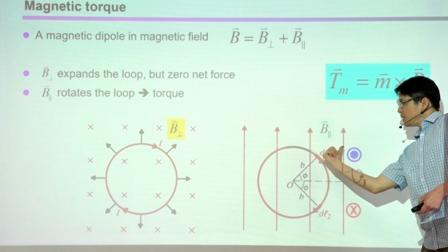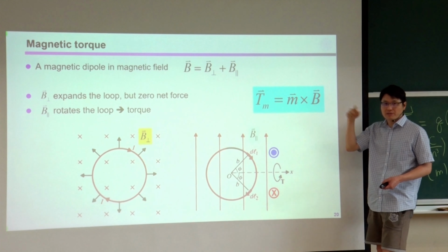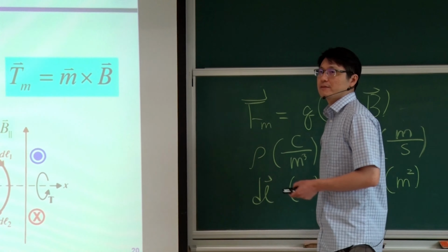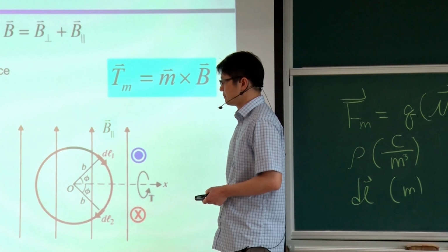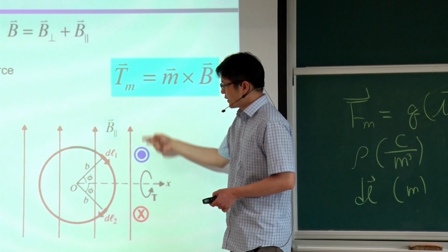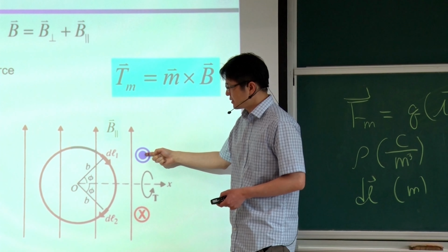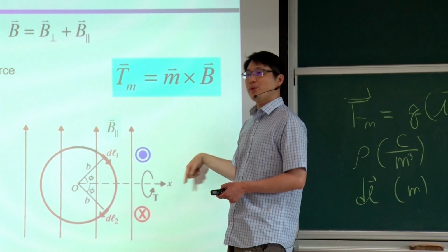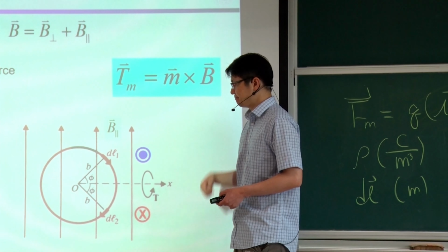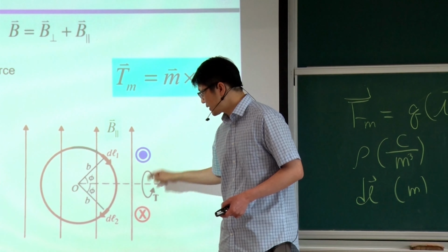M cross B, yeah. So basically you have a rotation. Okay? So this torque follows this direction, right? Coming out and in, so it's rotating in a three-dimensional way. Okay? And that's your torque.